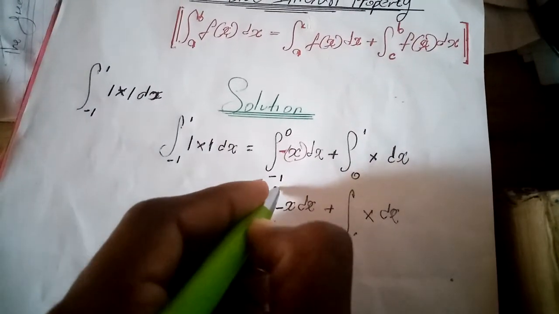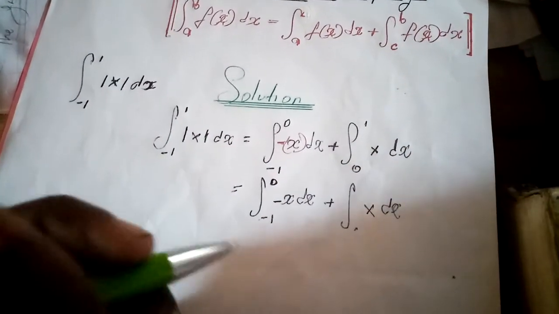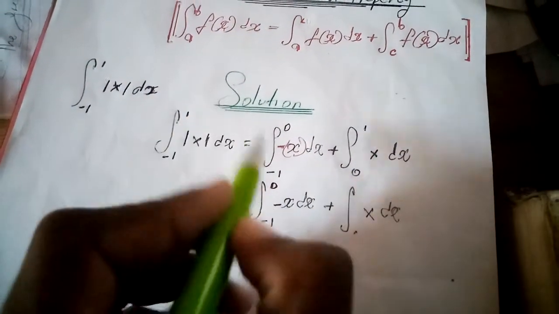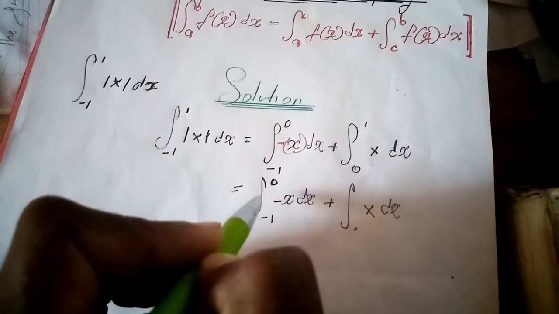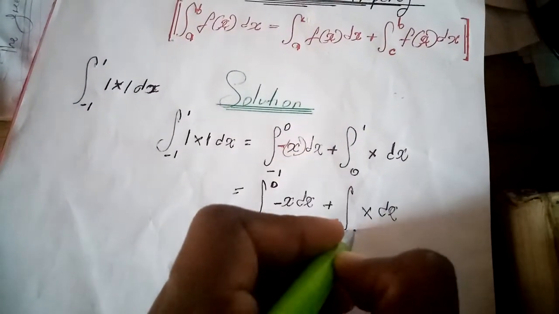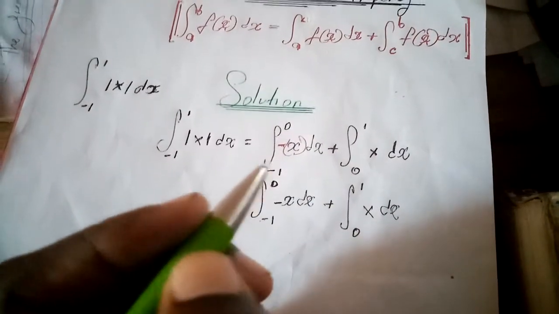I made an incorrect statement. So here is from -1 to 0, then here we have from 0 to +1.